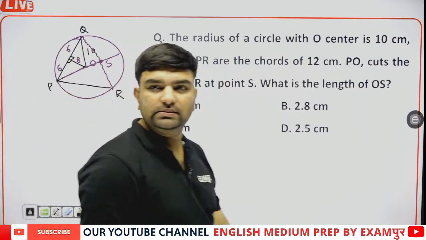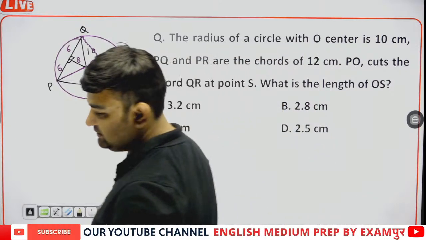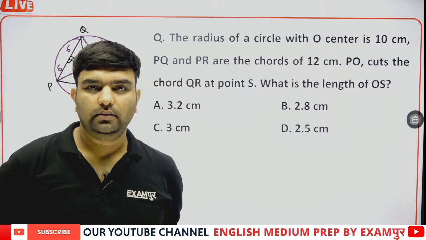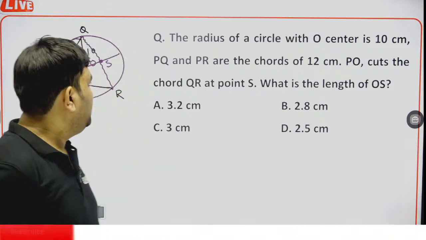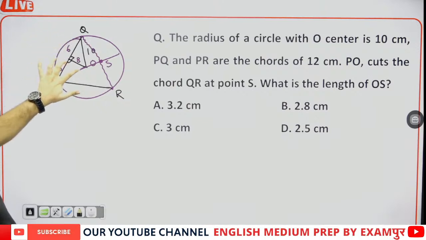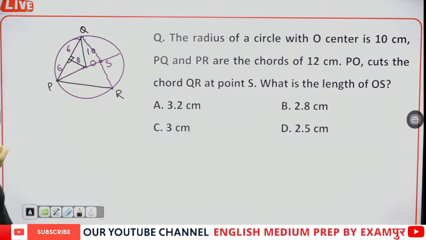Come on, try it. It was 10. Chords are 12 each. So 6 and 6. This length of perpendicular is 8.